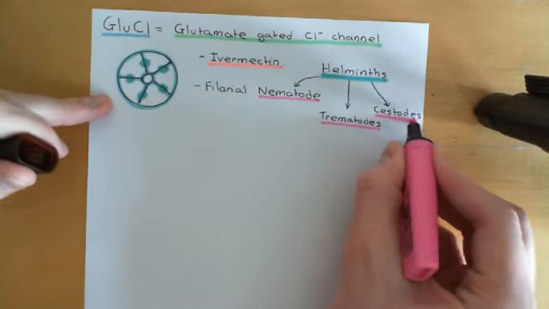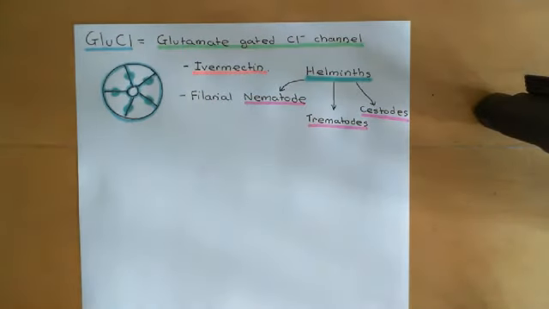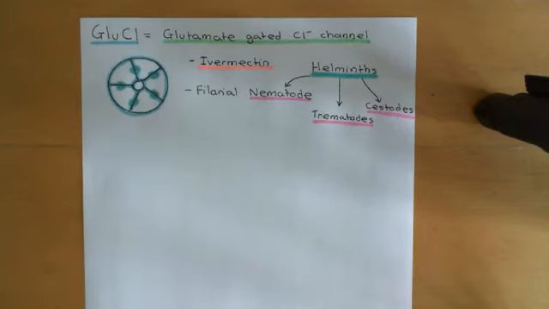So we now want to ask, what's a filarial nematode? We know now that a nematode is just one of these categories of helminths, but what's a filarial nematode? Well, basically, nematodes come in 2 great classes. There are the nematodes which parasitize animals by living in their intestines.